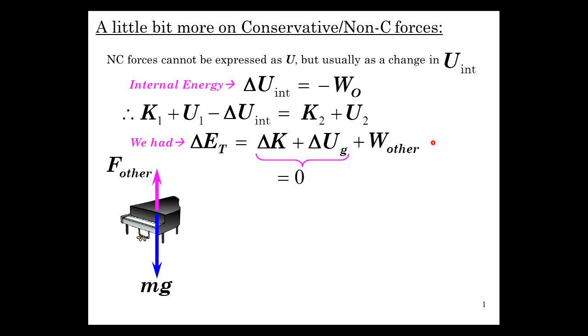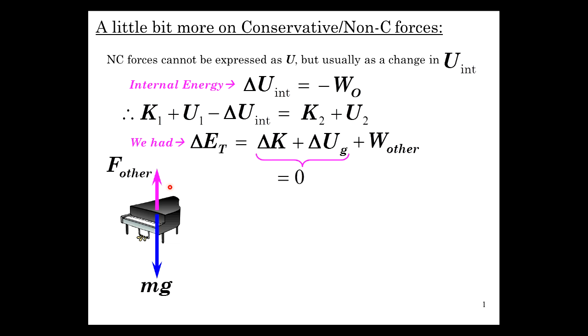But this work other does change mechanical energy. What this force is really doing is reducing the kinetic energy that would otherwise be there. The potential energy is being lost as it falls down, but it's not all transitioning into additional kinetic. Some of it is being lost from work other.